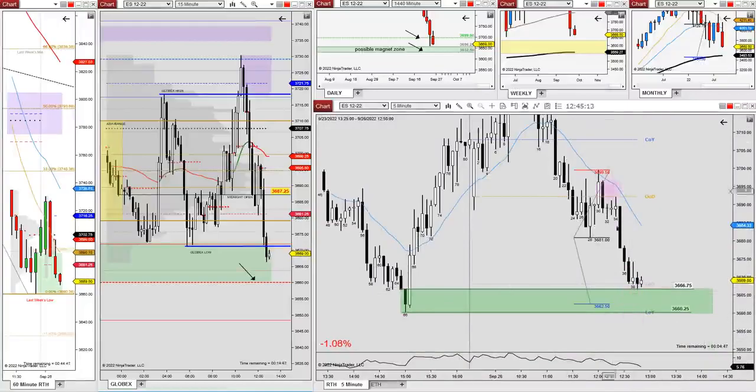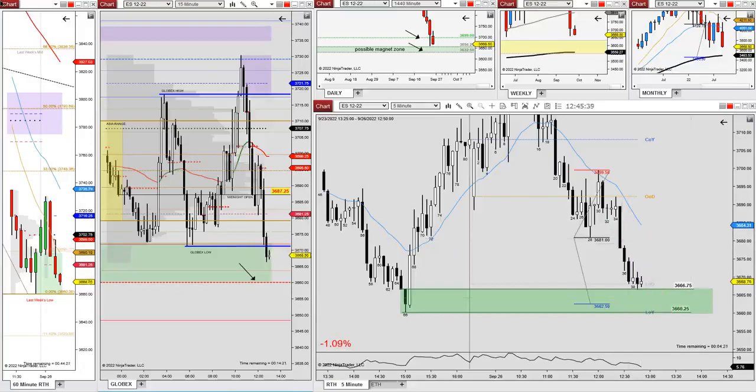Now, this is a spike and pullback. We should get down a little bit, maybe grind a little bit down, at least to here, I'd like to see. Then I like to look for a pullback to the bar 38 high at minimum, and then continuation to the bar 28 low, and then the 50% of bar 35 for bulls.